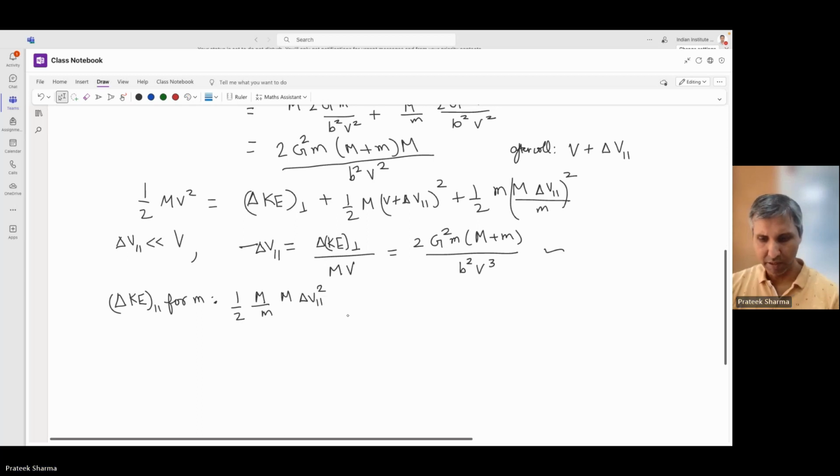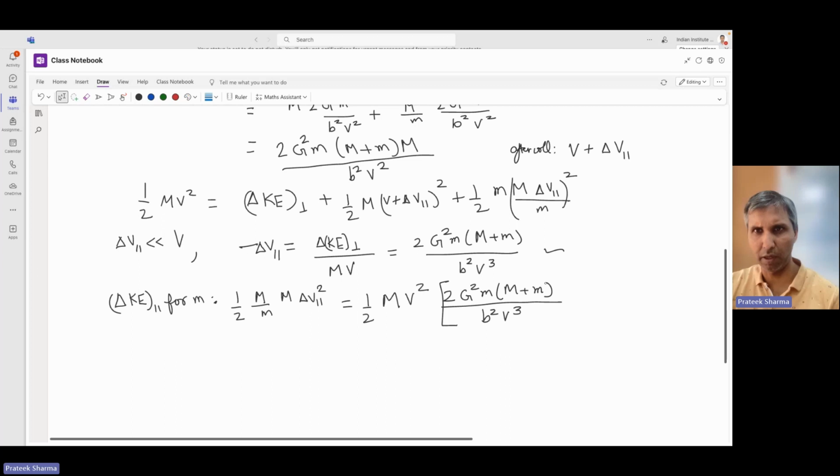So if we plug everything in, what we get is half m capital V squared. Now we have delta V parallel by V, the whole squared. That's just twice G squared m times (capital M plus small m) by B squared V cubed, the whole squared.